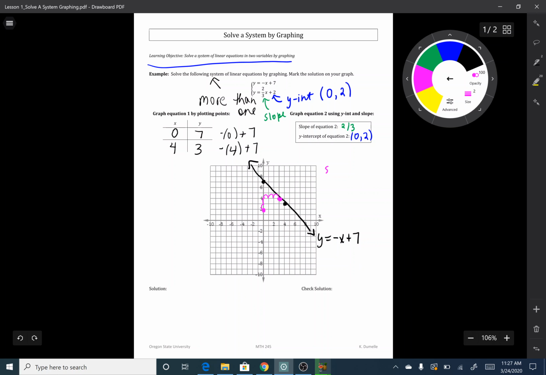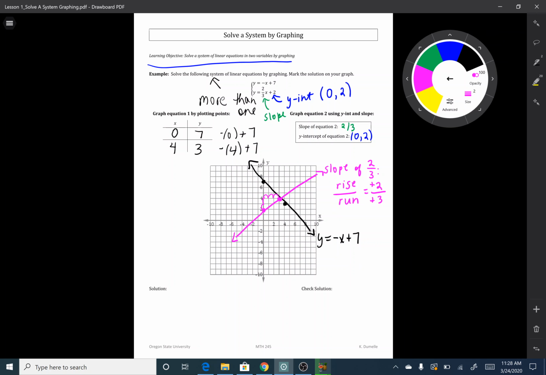So a slope of 2/3. Remember, slope is rise over run. So this means that my rise is 2, I go up 2, and my run is 3, so I go to the right 3. So this gives me the point (3, 4), and now I have 2 points, so I can again draw a line between them.